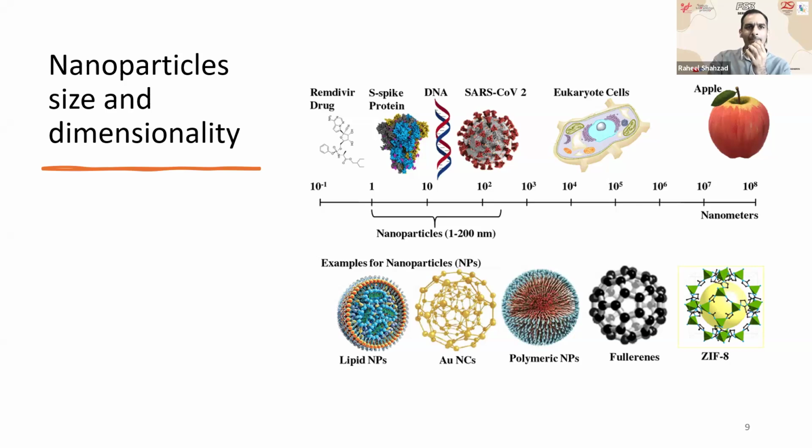If we talk about nanoparticle size and dimensions, this is the very basic feature of nanoparticles. At the organic level, compounds or molecules such as DNA and proteins can be considered as nanomaterials or nanoparticles.